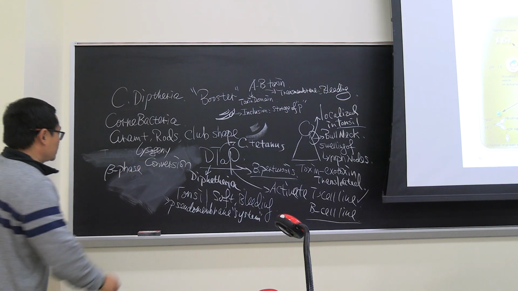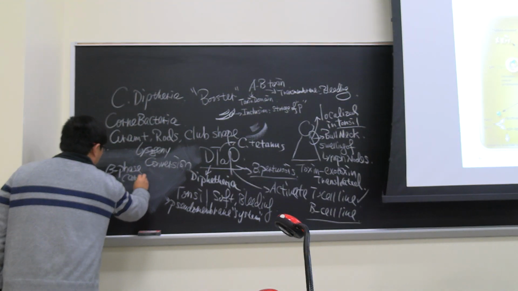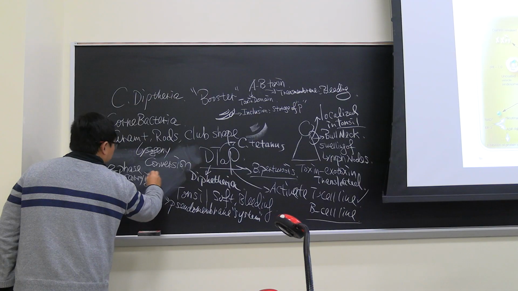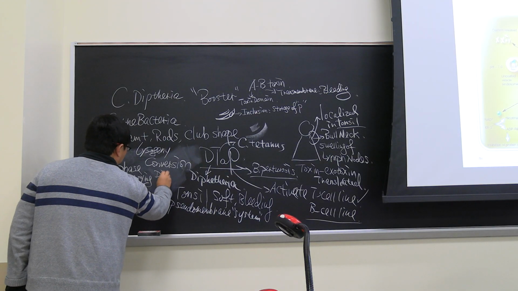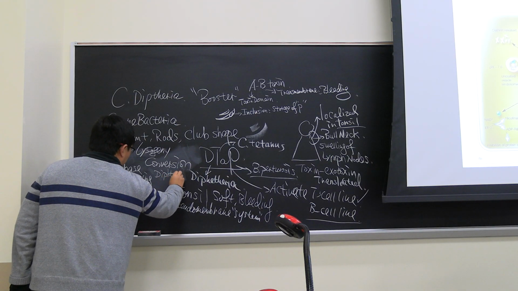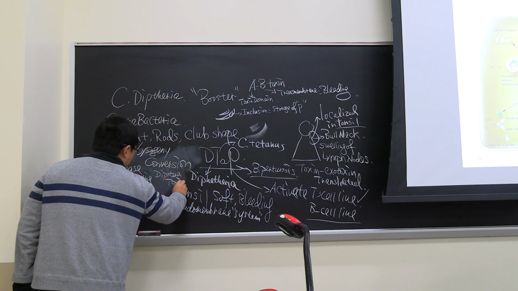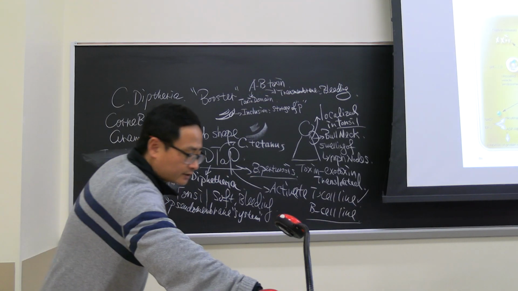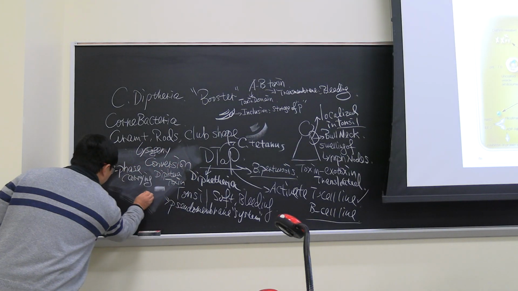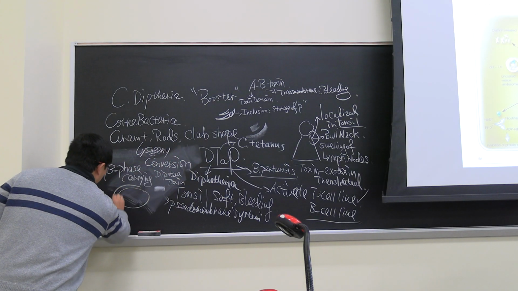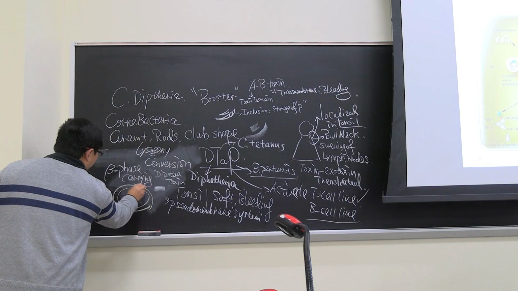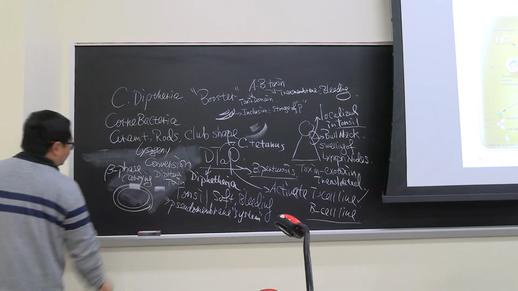This phage carries the gene for the diphtheria toxin. Let's say the sequence is like this, and I have a bacterial cell, looks like that, the chromosome. And the phage finds a bacterium.